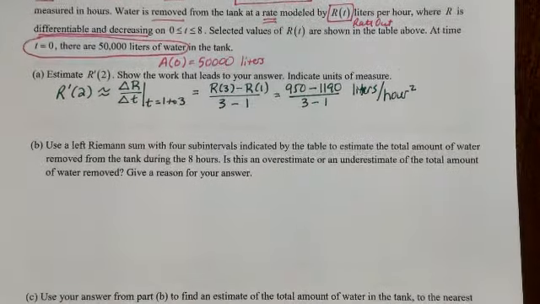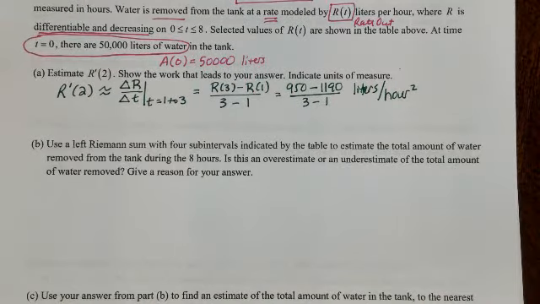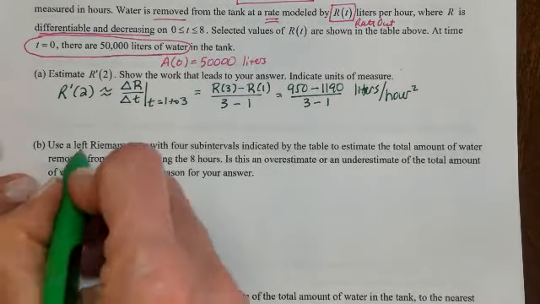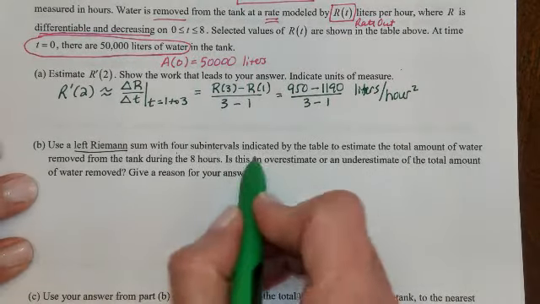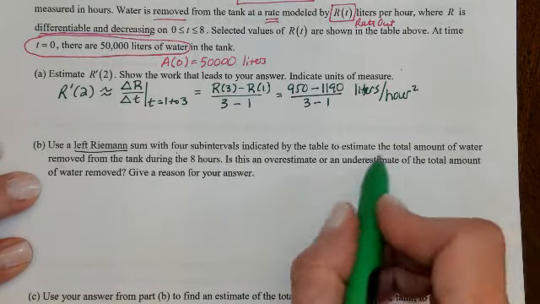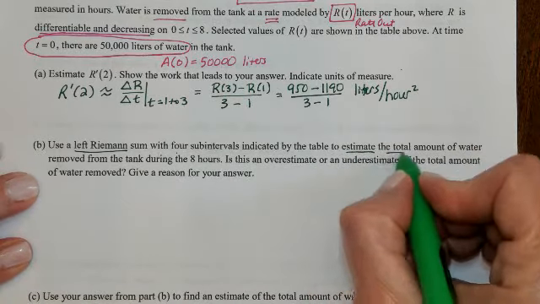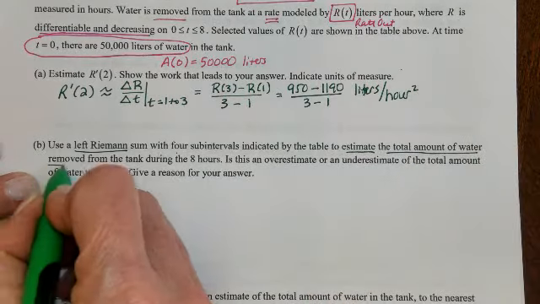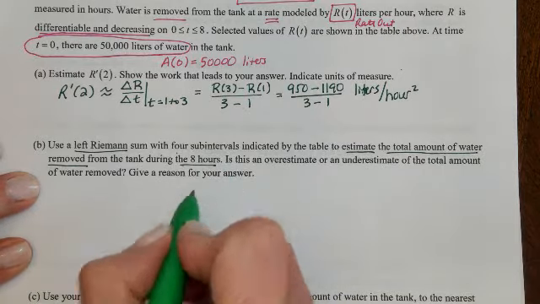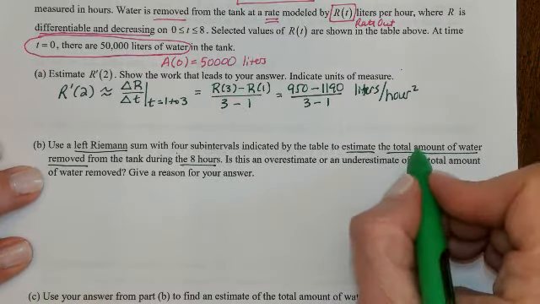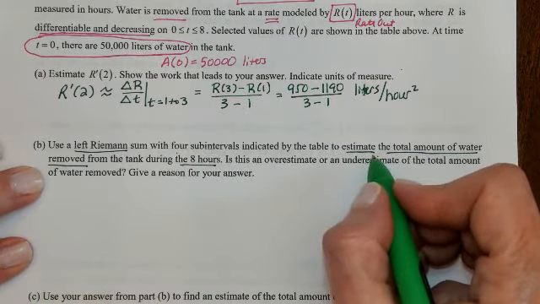All right, part B. Use a left Riemann sum with 4 subintervals indicated by the table to estimate the total amount of water removed during 8 hours. Well, the total amount of water removed is just the integral of R from 0 to 8.